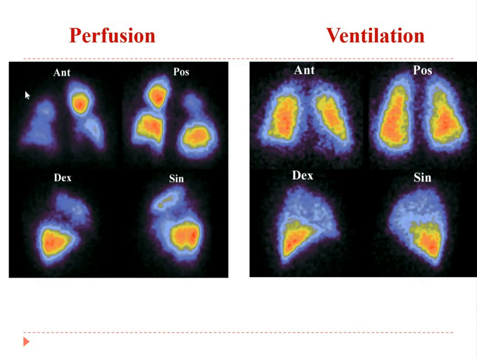On this picture, you can see a perfusion defect with absolutely normal ventilation. The purpose of the ventilation scan is to increase specificity. In acute pulmonary embolism, ventilation is expected to be normal in hypoperfused segments, mismatched.